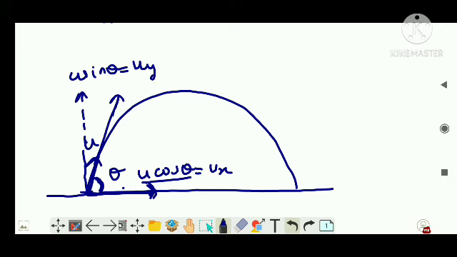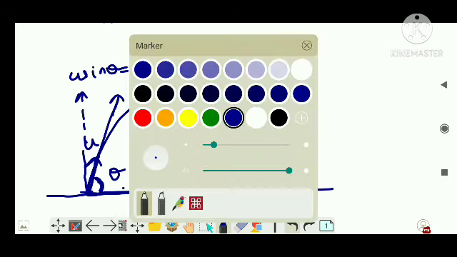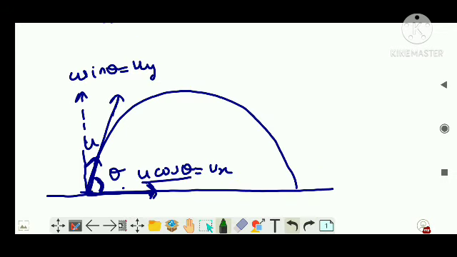This much clear? Now let's take another position, guys. The velocity will be in this direction. Again, the theta will be the same. Now this will again be u cos theta, or I will just write it as ux. That is better. This is ux and this is uy.